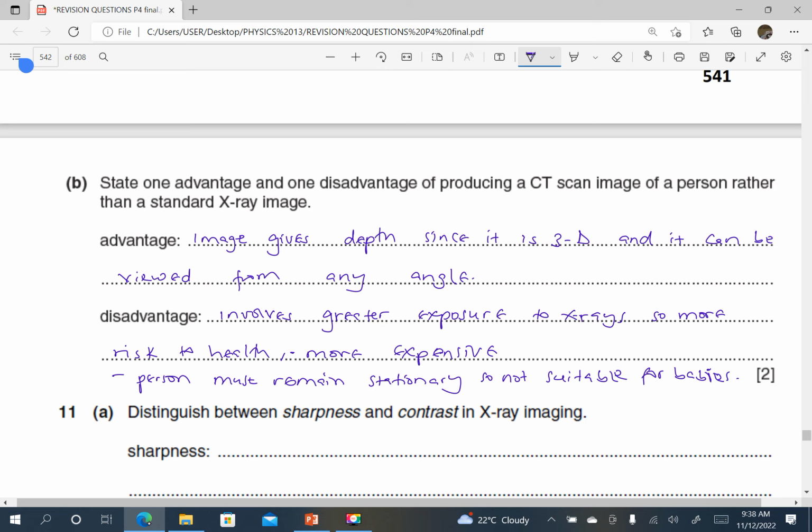But the major important disadvantage is that it involves greater exposure to X-rays, so there is more risk to health. You can also talk about it being expensive, and the person must remain stationary, so it's not suitable for babies.